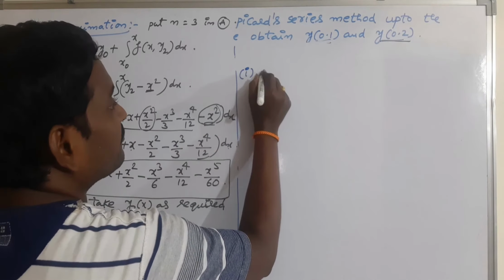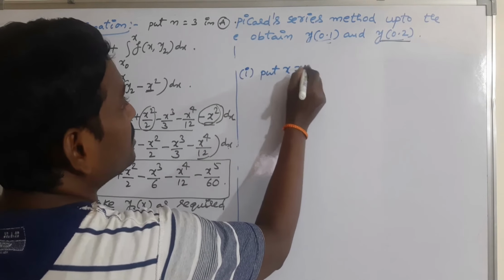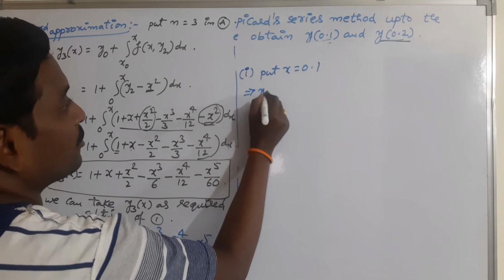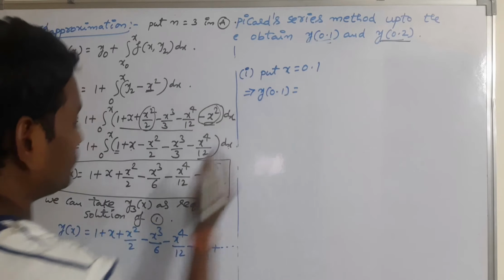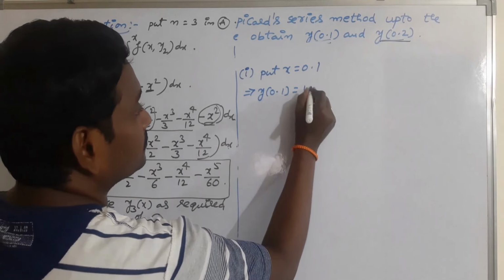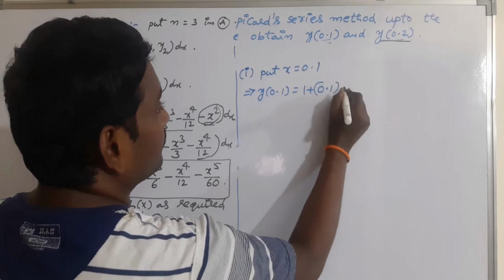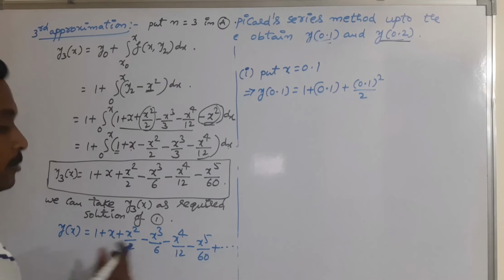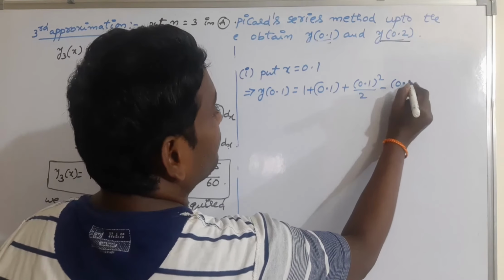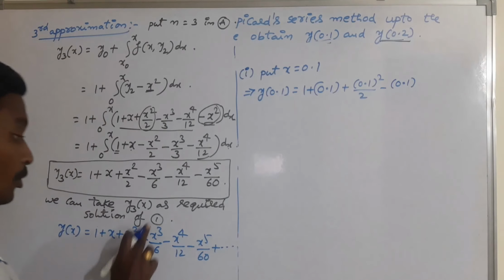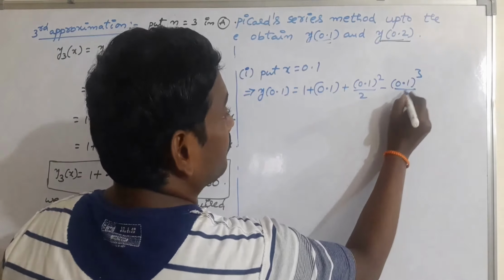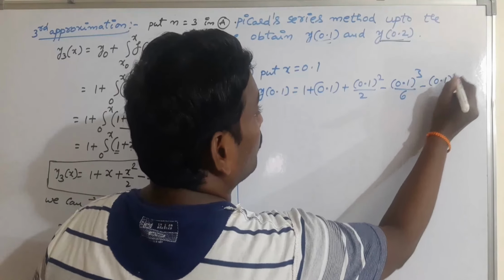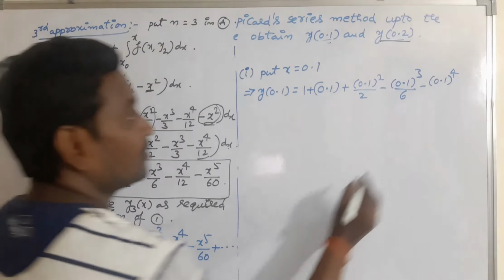For y of 0.1 we should replace x is equal to 0.1 in this solution. So you will get y of 0.1 is equal to 1 plus 0.1 plus 0.1 whole square by 2 minus 0.1 whole power 3 by 6 minus 0.1 whole power 4 by 12.